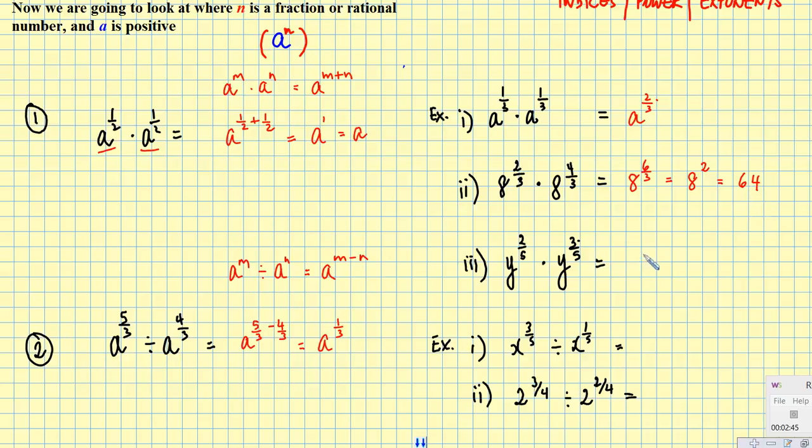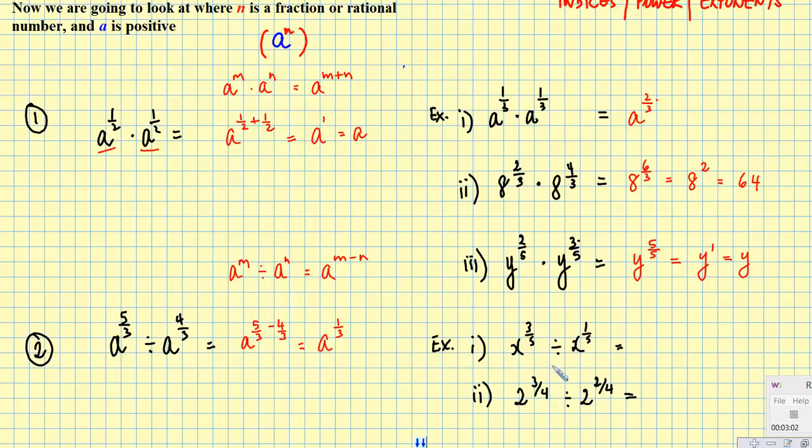Now, y to the 2/5 times y to the 3/5, again, it'll be y to the 2/5 plus 3/5, which gives us 5/5, and that's equal to y to the power of 1, which we all know to be just y.